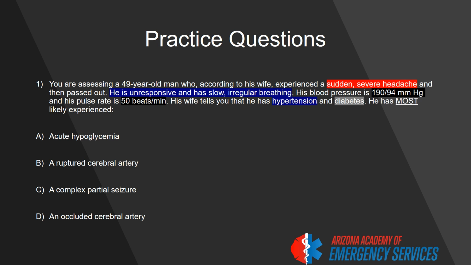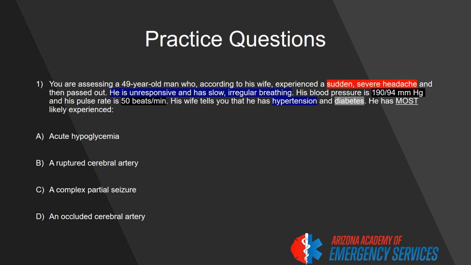So remember that the scenario questions are going to ask you either what is wrong with this patient or what you are going to do for this patient. So this question clearly is asking you, based on the information in this scenario question, what is the patient experiencing?